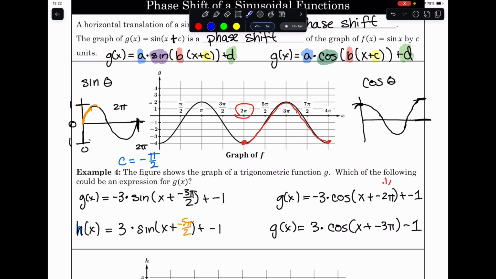And for cosine, there's another one. Let me write on the other one for cosine. The other option for cosine, if I'm going to have a -3, is to do no type of reflection. I'm sorry, no type of shift at all, no phase shift, because this point is already starting at the bottom right here, and it goes up and it goes back down and stops at this point.